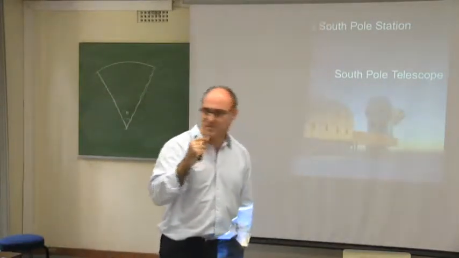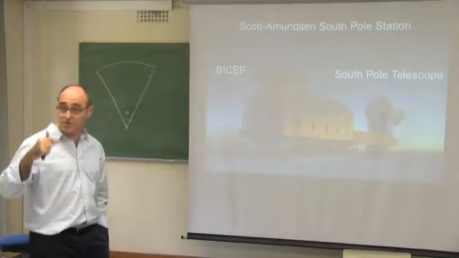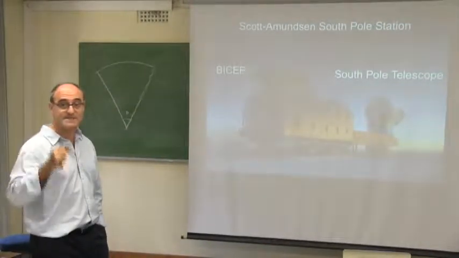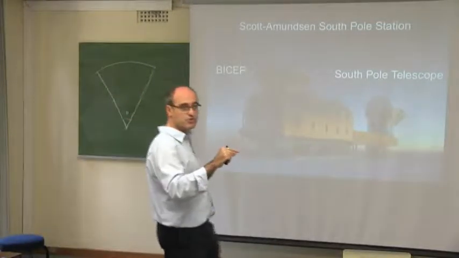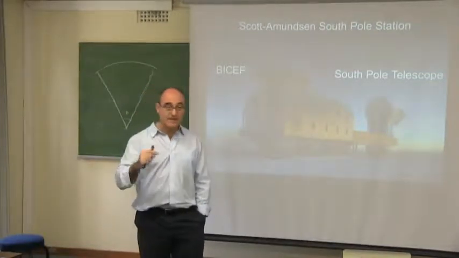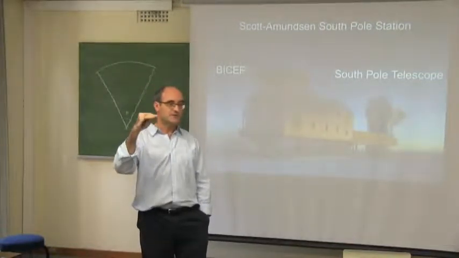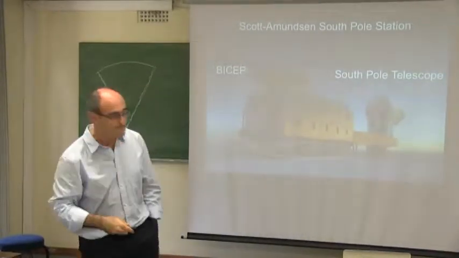So if we would have measured, and eventually I hope we will, the curl component of the polarization, which is only possible to be generated because of the tensor contribution of the fluctuations we were discussing on Tuesday, then we might be able to determine not just that inflation was responsible for those, but also what the scale of inflation is.